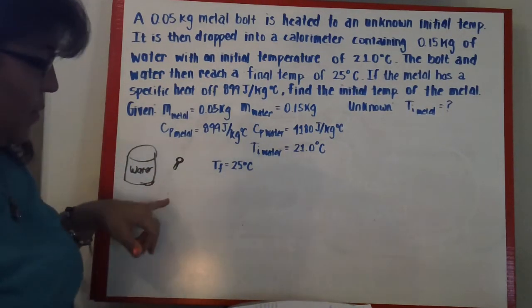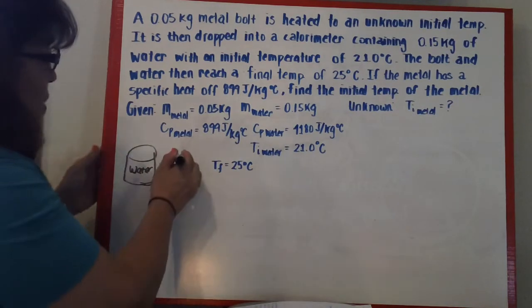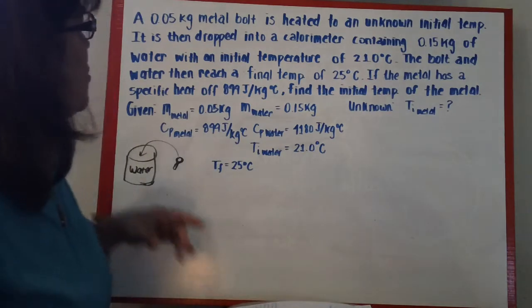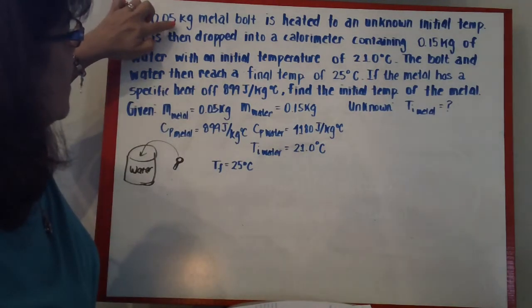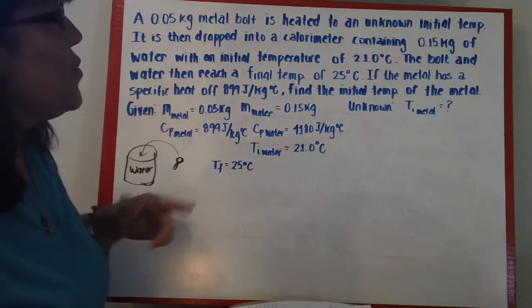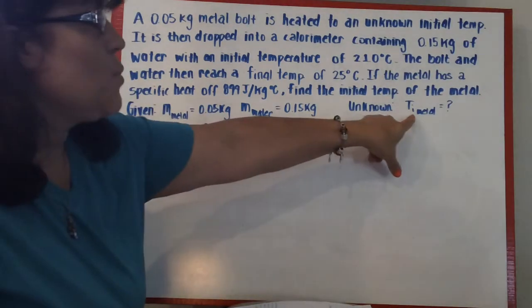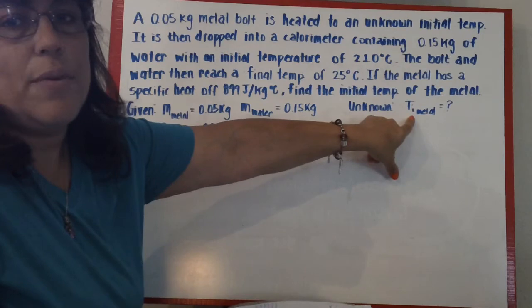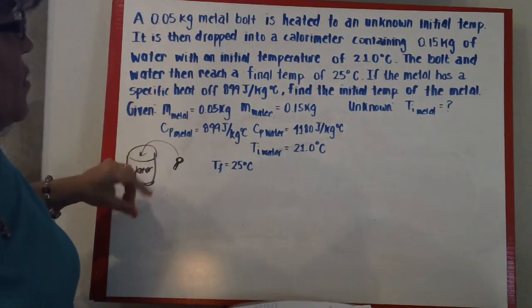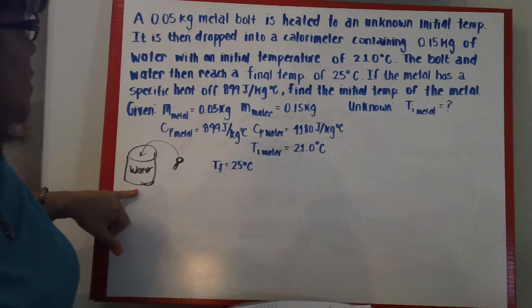So let's figure out what's going to happen. This bolt is going to go into the water, and then we're going to find out what that change in temperature is. We have a 0.05 kilogram metal bolt, heated to an unknown initial temperature, and that's what we're looking for, the initial temperature of the metal bolt. It's then dropped into the calorimeter that contains 0.15 kilograms of water.